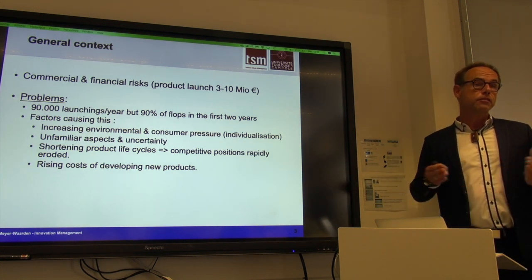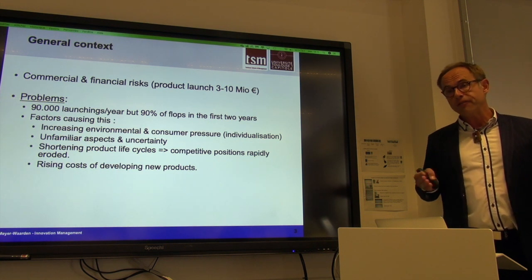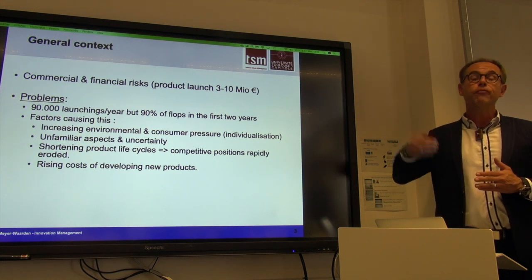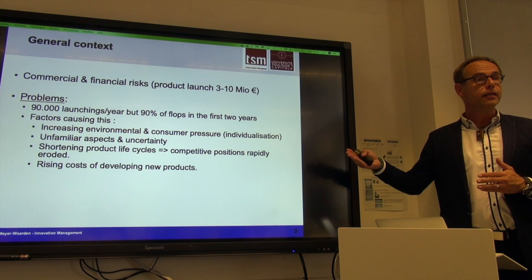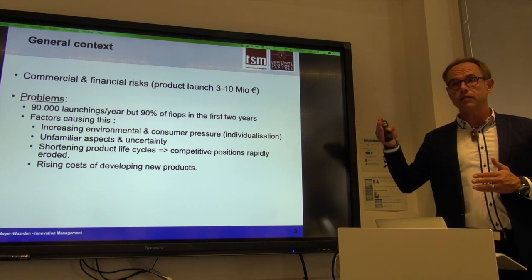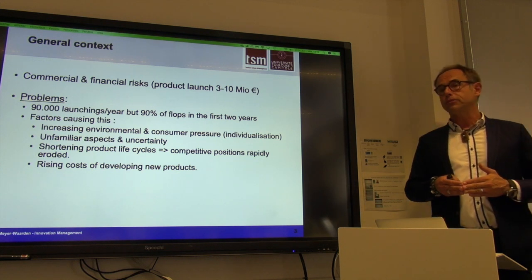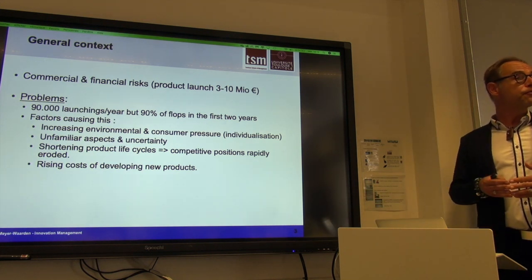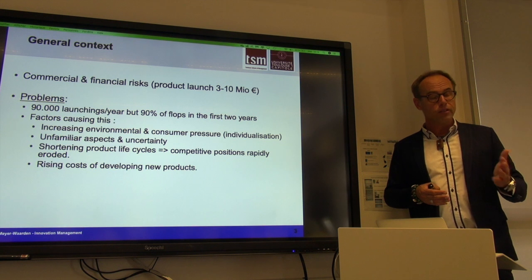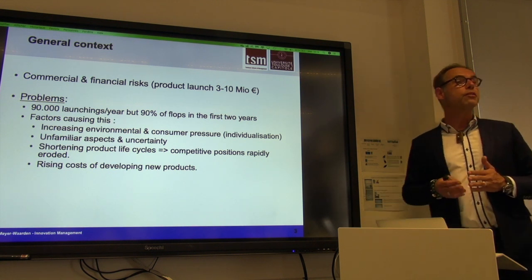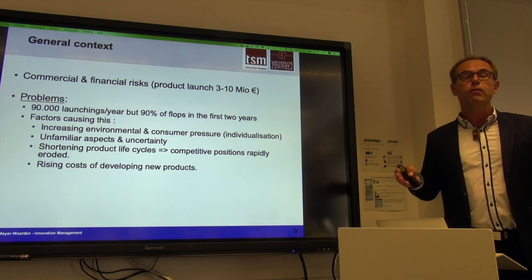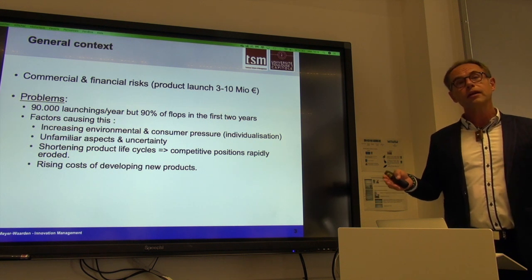What does this mean? That the firms have less time to make benefits with a product. They have to invest more and more money to shorten the life cycle, and they have less and less time on the market to make benefits with the product. And therefore, competitive positions erode very quickly. If you take the smartphone sector or the computer sector, every 1 to 2 years, a new model comes out.